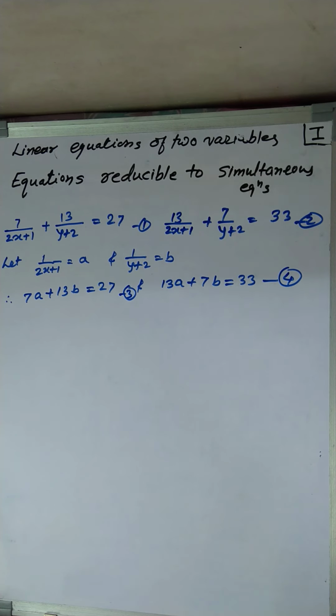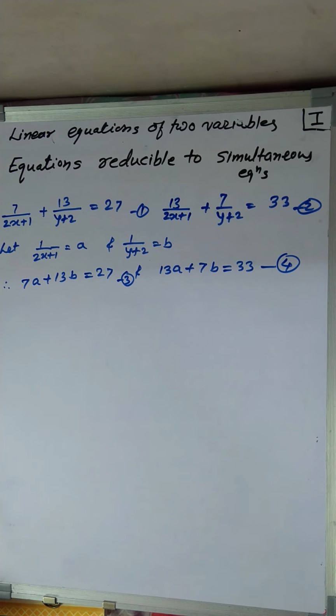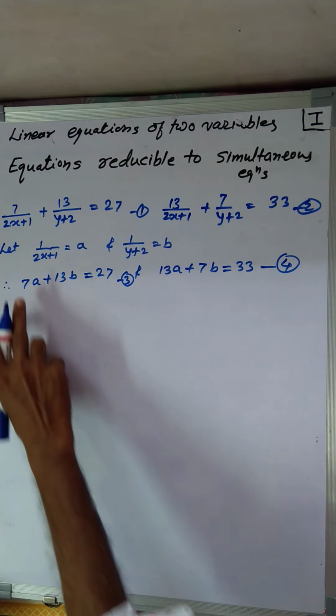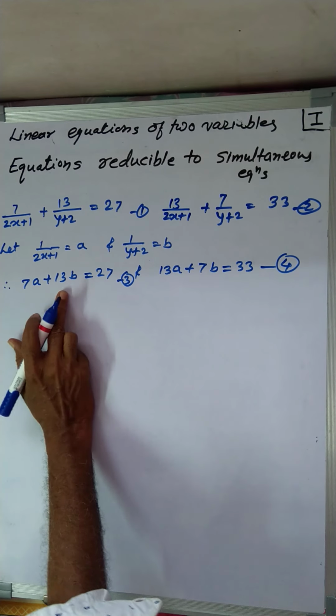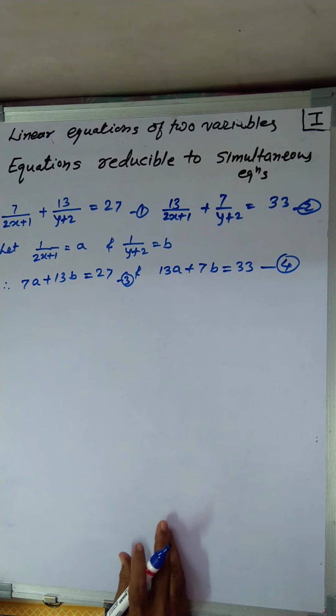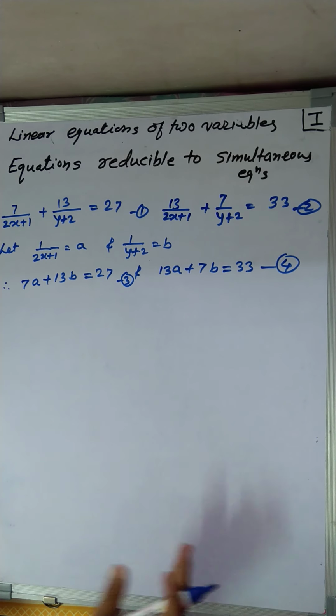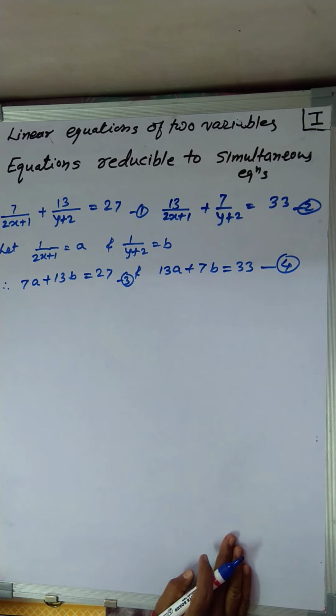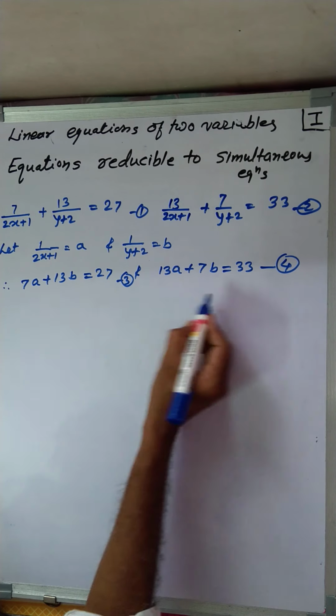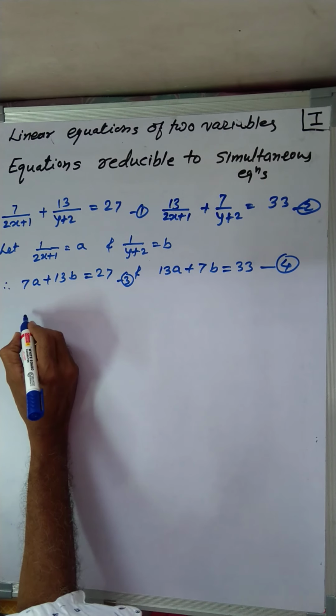Now we can solve these equations by any method. Here the coefficients are interchanged, 7 and 13, here 13 and 7. That means we can solve these equations by adding and subtracting methods. First add 3 and 4, we get simple equations.